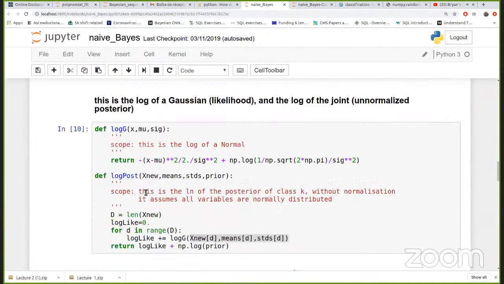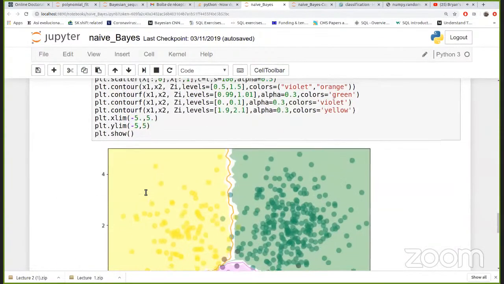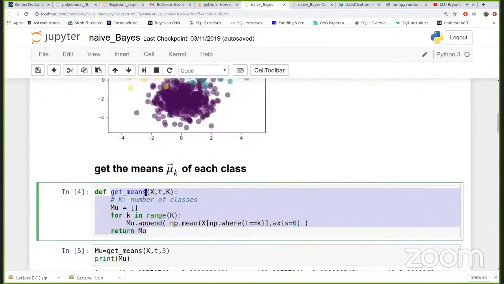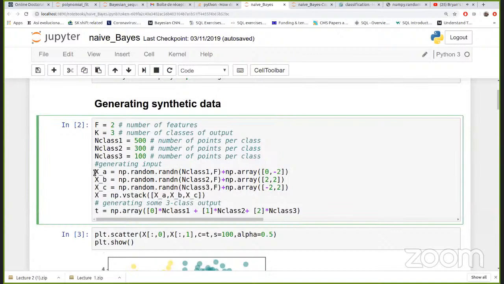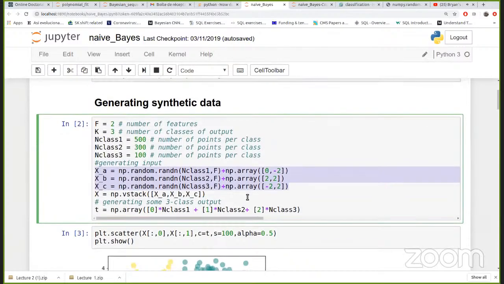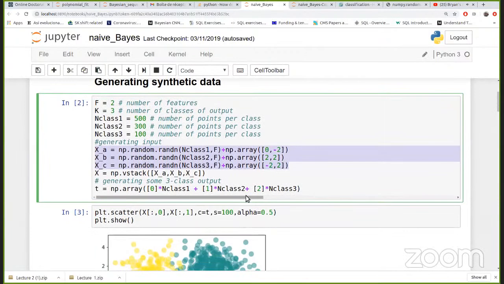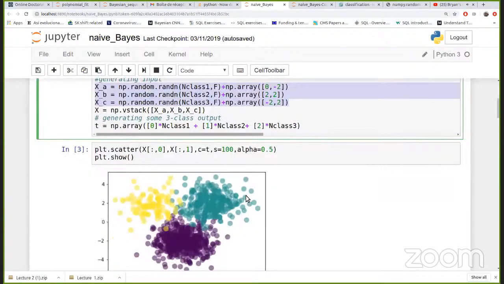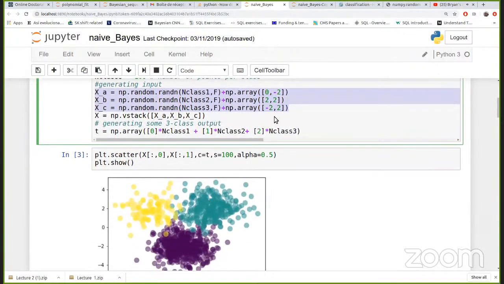However, I would like you to play with different data sets, generating different data sets and seeing what the performance of the model would be.